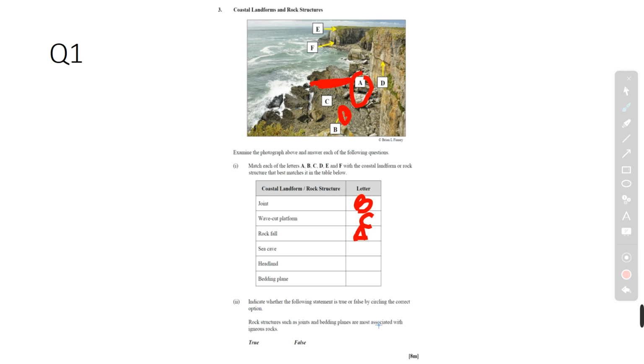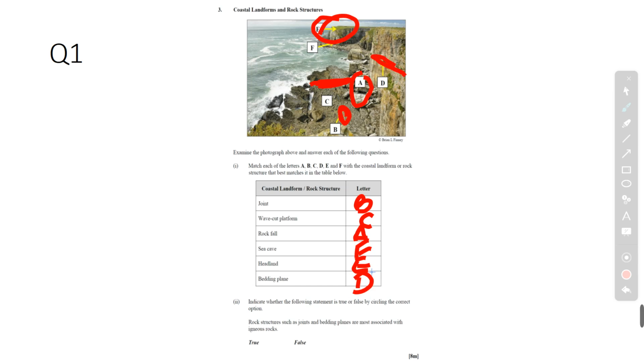The sea cave is F, the gap at the base of the cliff. The headland is E, and the bedding plane is right here, separating the strata, so that's D.